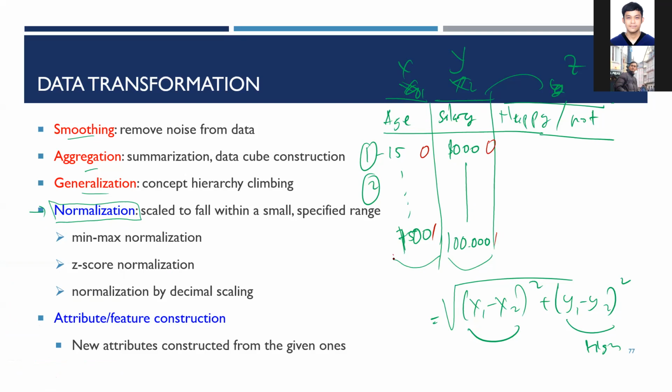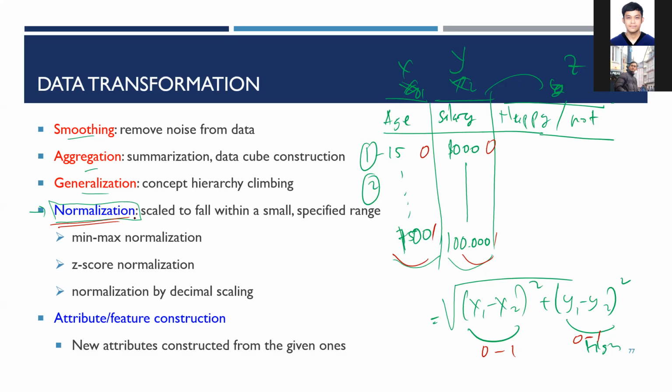So in terms of the number, they are of equal value, and no attribute will be more influential than other attributes. This is the objective of normalization.